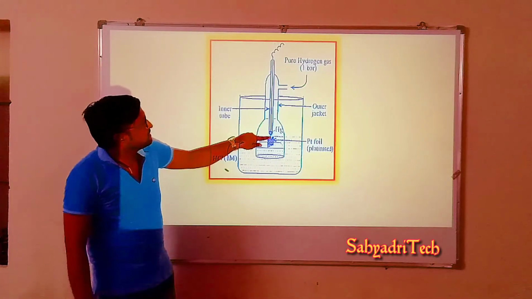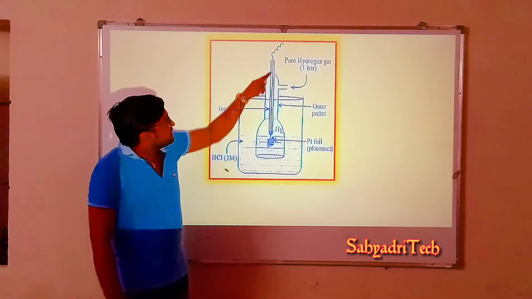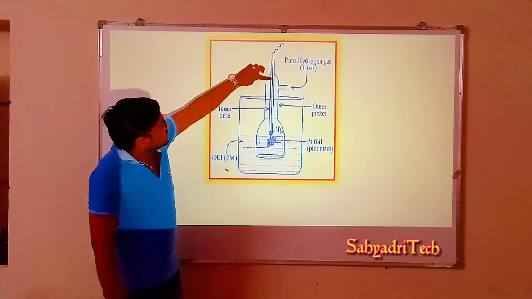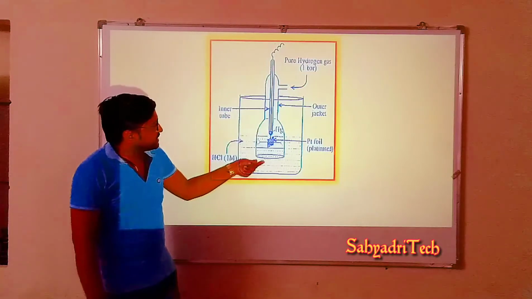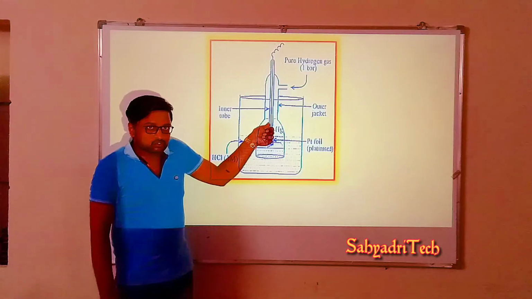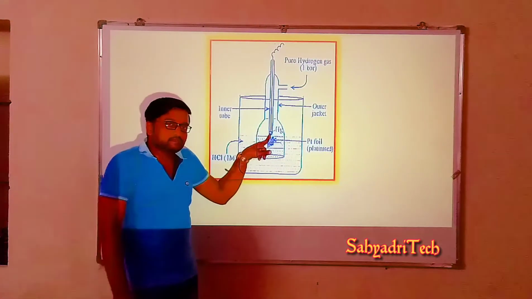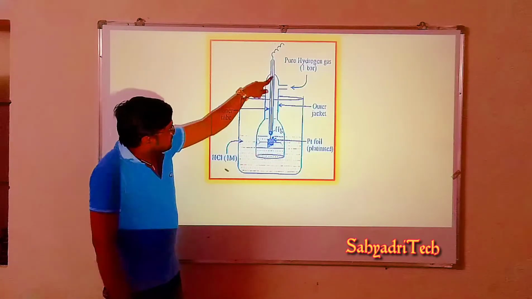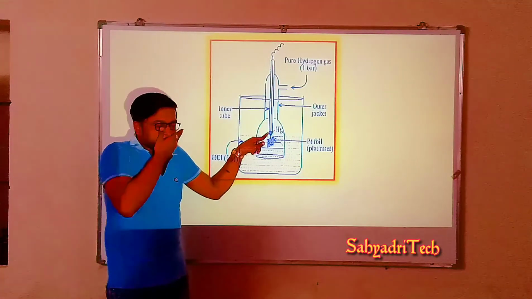Further what we said, a little quantity of mercury is added to a glass tube and a copper wire dipped into it. So a platinum foil is sealed to a thin glass tube by means of platinum wire. Second, a little quantity of mercury is placed in a glass tube and copper wire is dipped into it. Okay, second point.